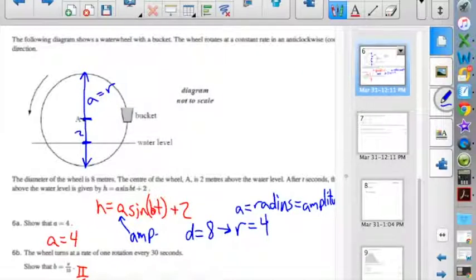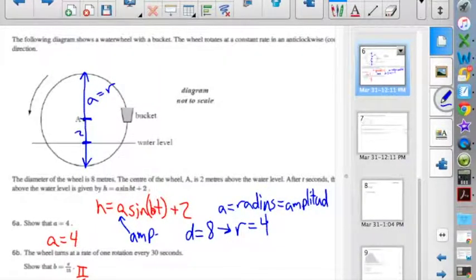Just to be safe here, I would give a little more information than I otherwise would. It probably would not be enough to just write down 8 divided by 2 equals 4. Therefore, A equals 4. You need to give some kind of explanation or clarification.